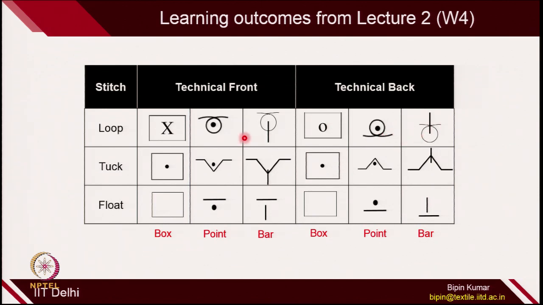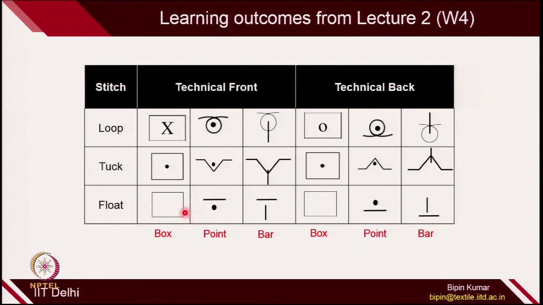In point and bar form, if you take the mirror image in the vertical plane you will get the technical backside. Tuck is represented by a point in a box. This is how you represent it in the point diagram and bar diagram.